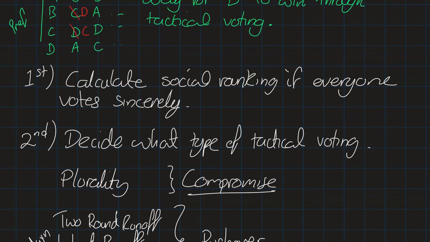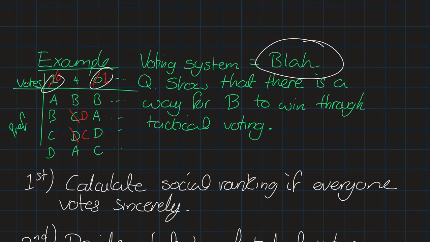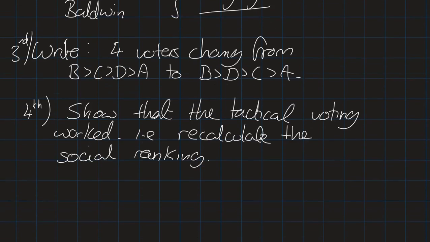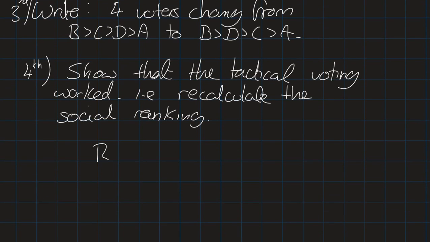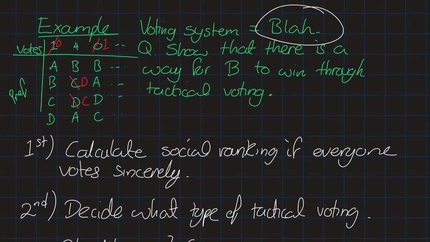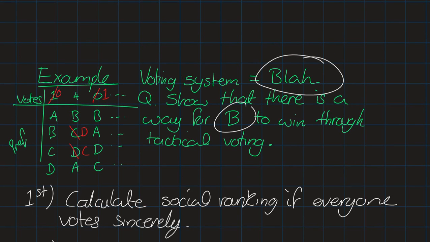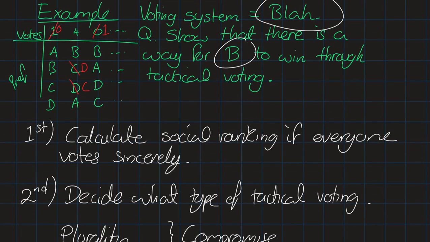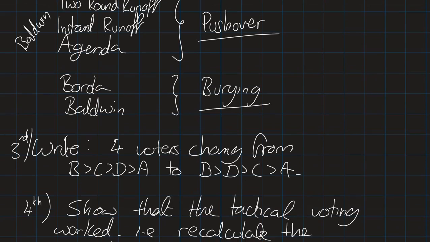After you've made these changes to the votes, whatever type of tactical voting you're thinking about, you should recalculate the social ranking, and ideally now B will be the winner. You'll get something like this. It doesn't matter, but B will be the winner if you've done it correctly, because B was the letter I asked for in this hypothetical example. And this is roughly how you should answer these tactical voting questions.